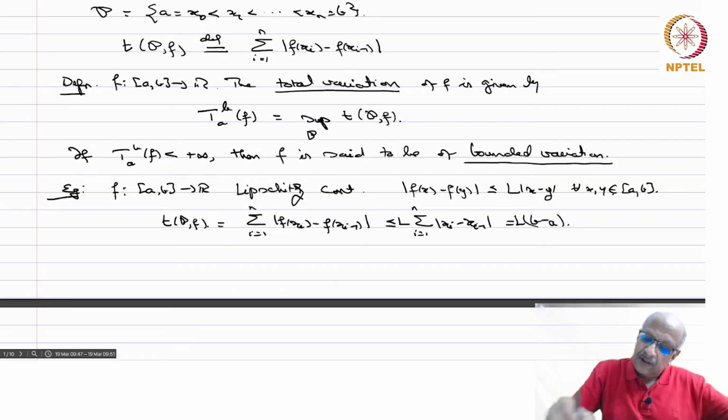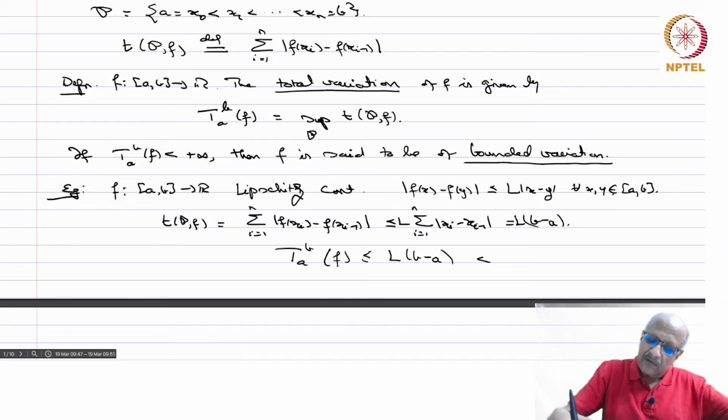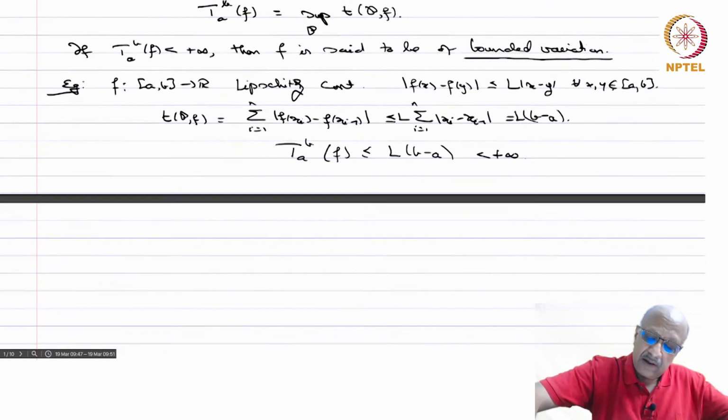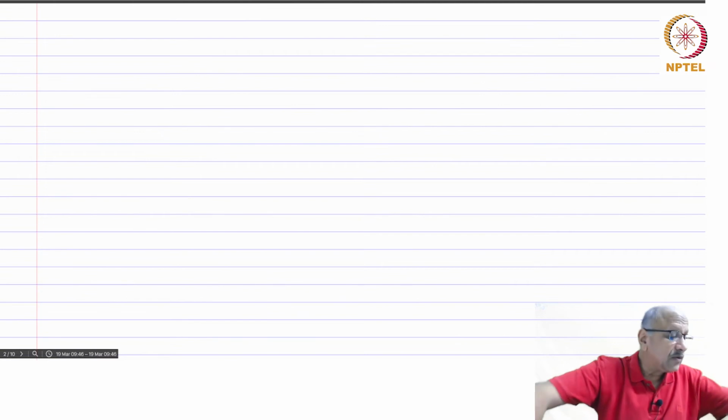Therefore this is less than or equal to L times (b - a). So if you take the supremum over all partitions, T_a^b(f) is less than or equal to L times (b - a), and that is of course finite. So a Lipschitz continuous function is of bounded variation.